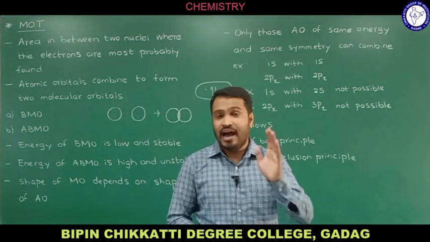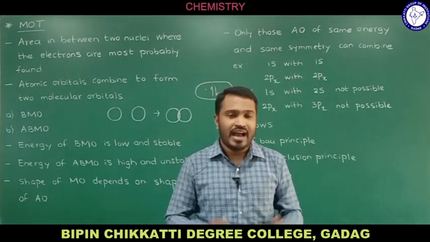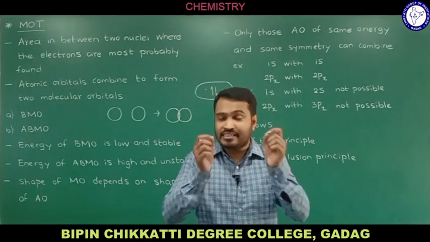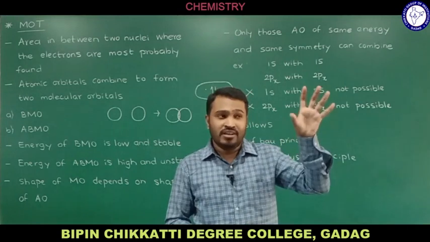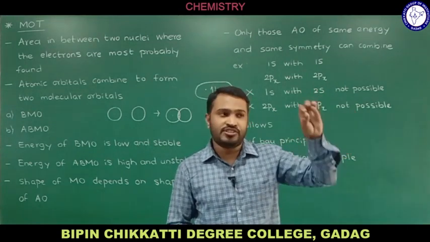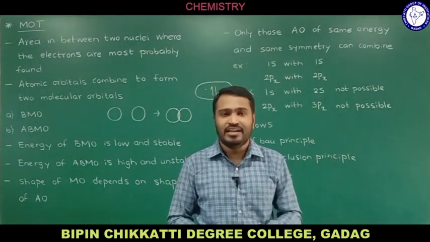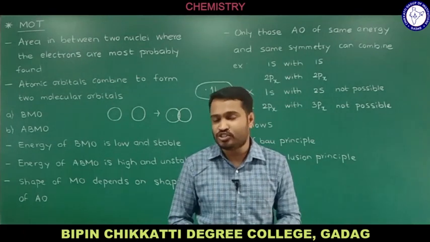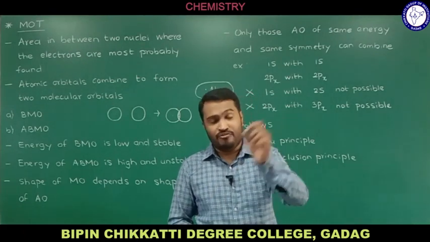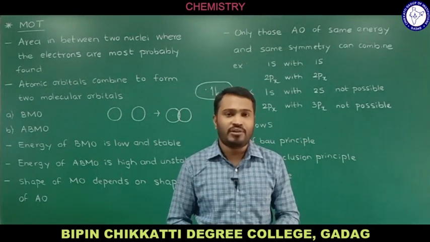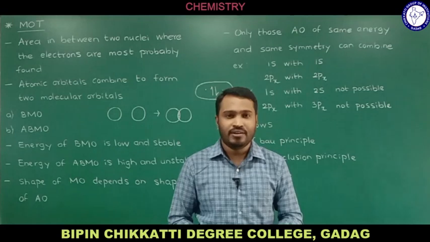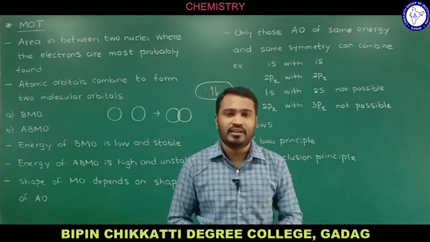What it says: half filled atomic orbitals and completely filled atomic orbitals are highly stable because they are symmetric in nature. If you have such an electronic configuration which is half filled or completely filled, that is quite symmetric and that is quite stable. So all these rules have to be followed while filling electrons in a molecular orbital. That is all about the postulates of MOT, that is nothing but molecular orbital theory.